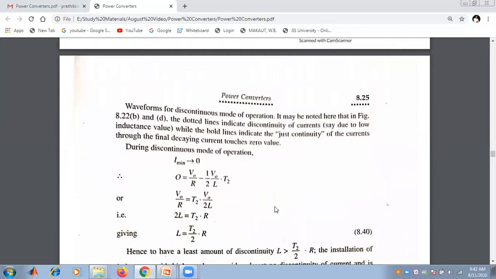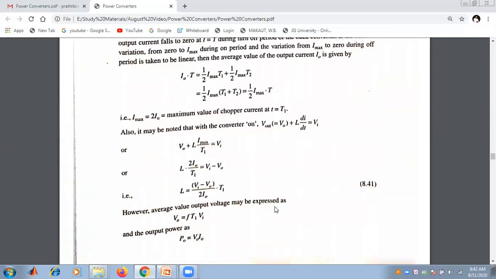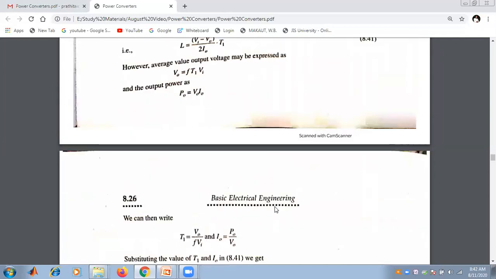And if the current reaches its zero value, we can say this is the discontinuous mode of operation of current. And this is the continuous and discontinuous mode of operation for the buck converter.